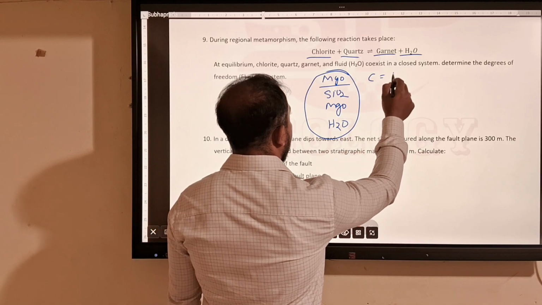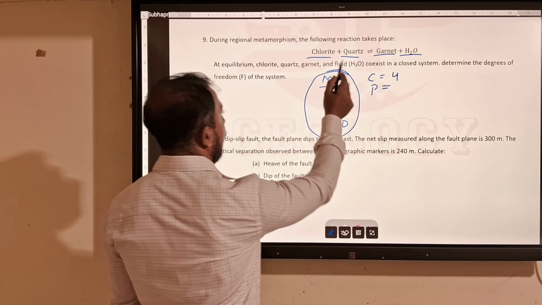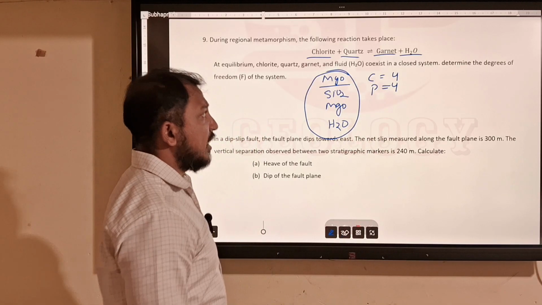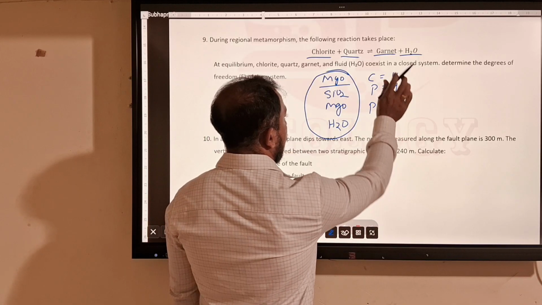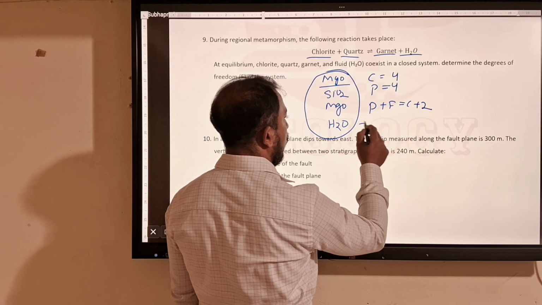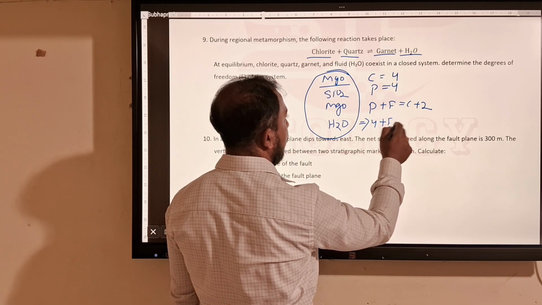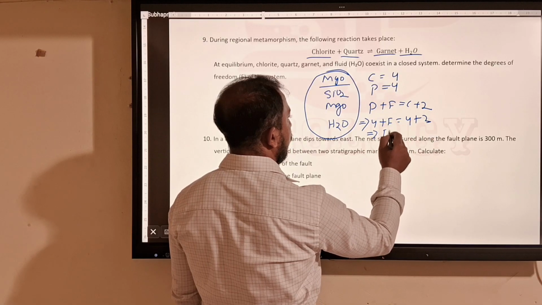Now these are the number of components you'll find in this reaction. So components will be 4, and phases will be 1, 2, 3, 4. Then it is a closed system behavior. We'll apply the phase rule, P plus F equal to C plus 2. Phase is 4, the degree of freedom we have to calculate, component is 4, so F equal to 2.